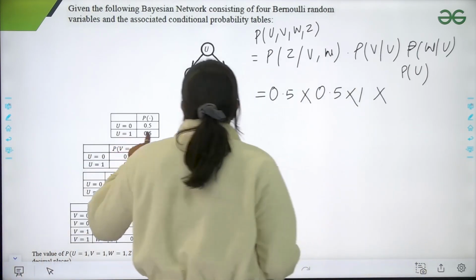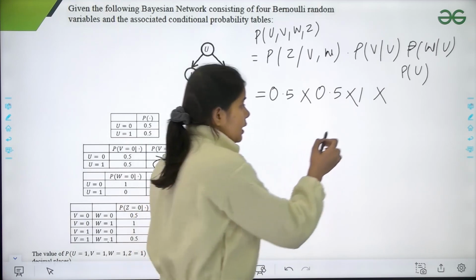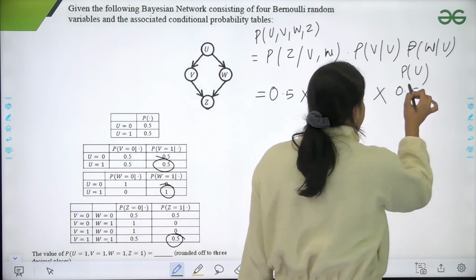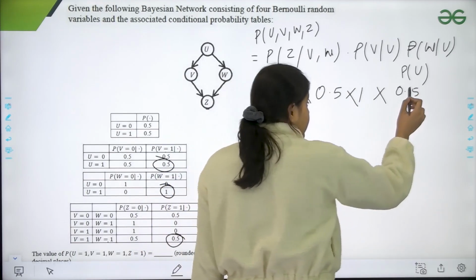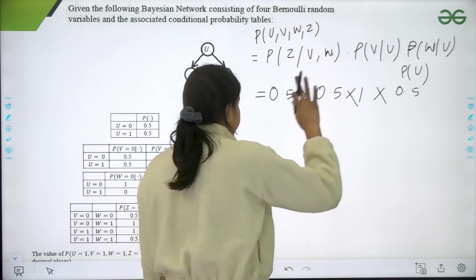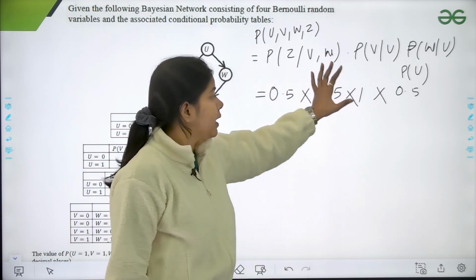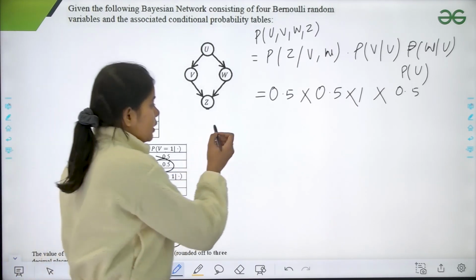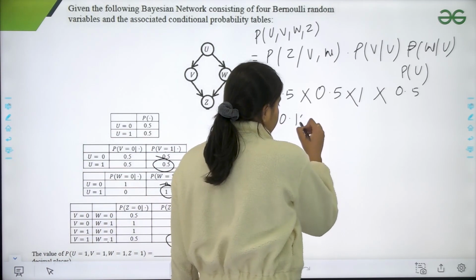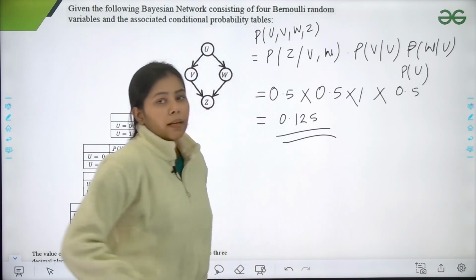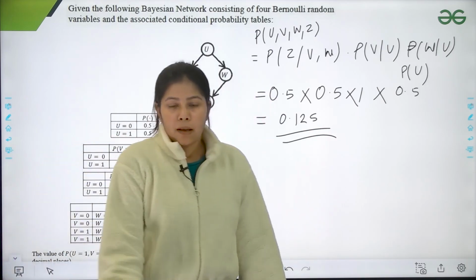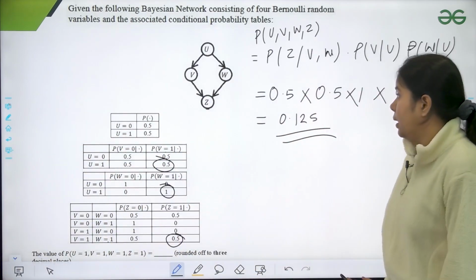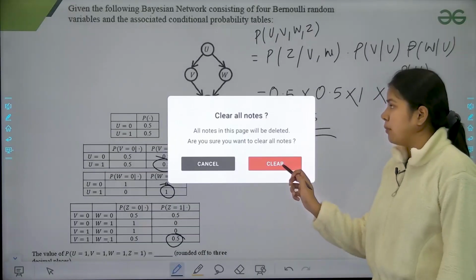And probability of U equals 1 is 0.5. Just remember, for the sake of not writing all the values so many times, I have written it this way. You can write down 1 as well. If I solve this, what would I get? 0.125. This is my final probability. So that's how I'll find out the probability.